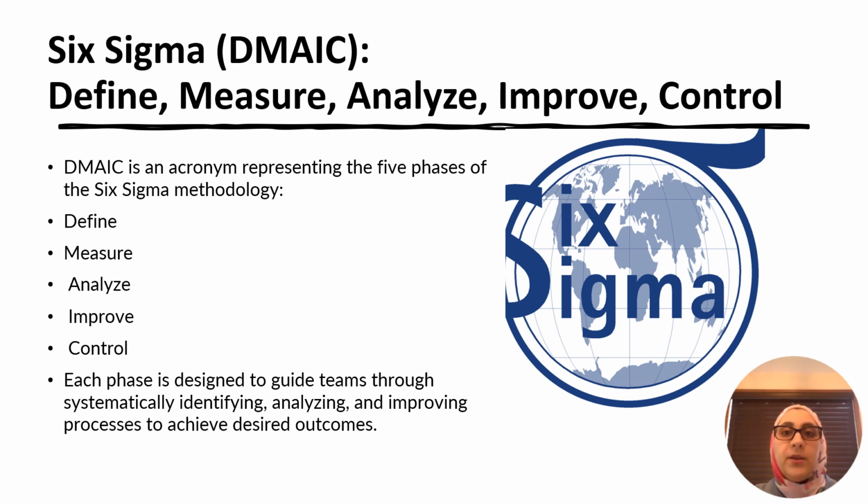Six Sigma refers to the statistical measure of process performance, indicating a process that operates with extremely high precision and reliability, allowing only 3.4 defects per million opportunities.